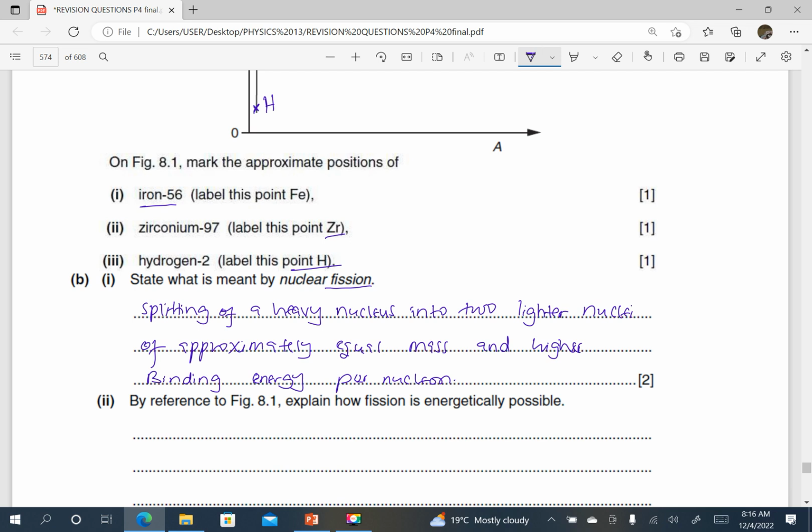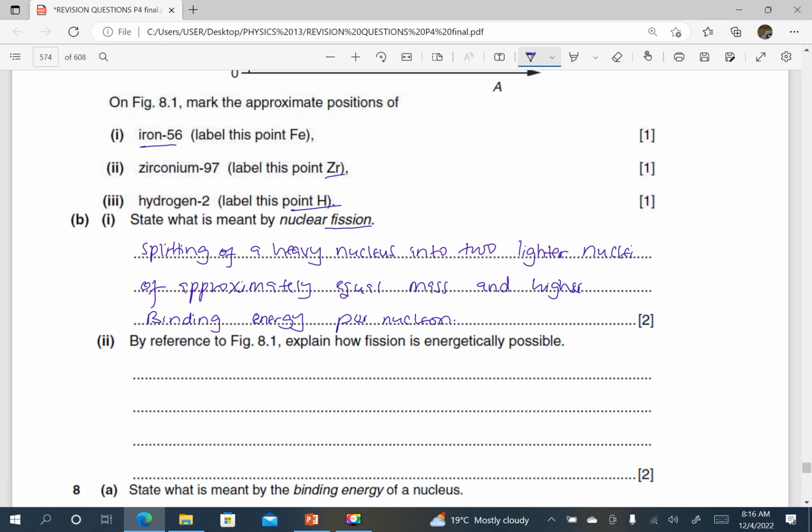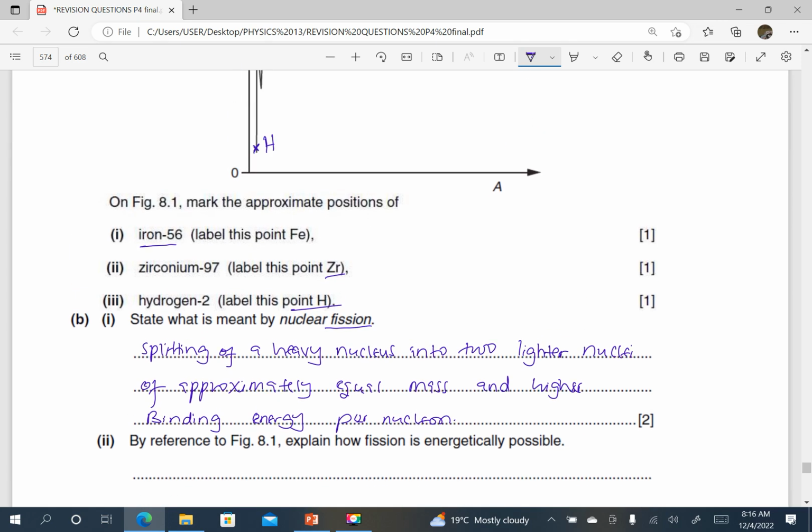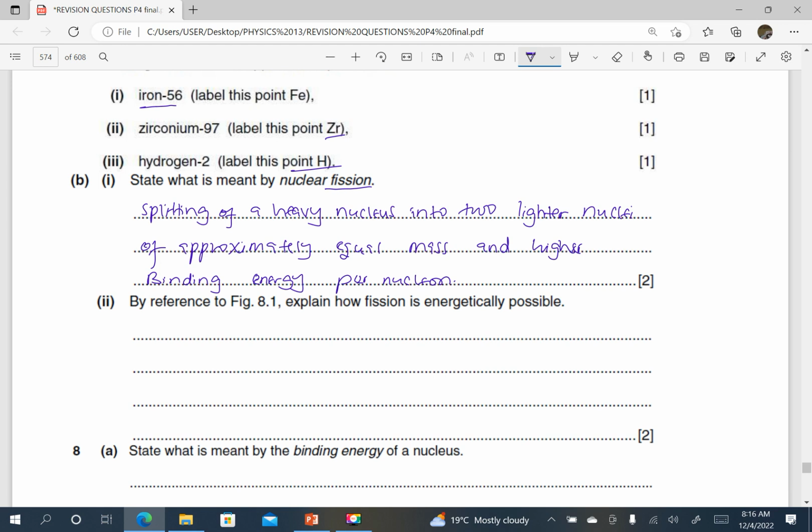If the binding energy of the parent is not less, then fission is not going to be possible, because fission involves splitting of one nucleus to give us two nuclei which have a higher binding energy per nucleon. Remember, here they gave us binding energy per nucleon, and the binding energy of a nucleus is going to be binding energy per nucleon times the nucleon number.